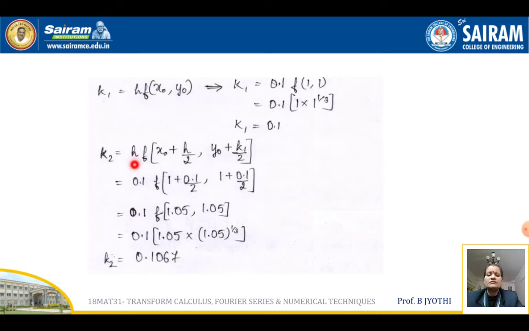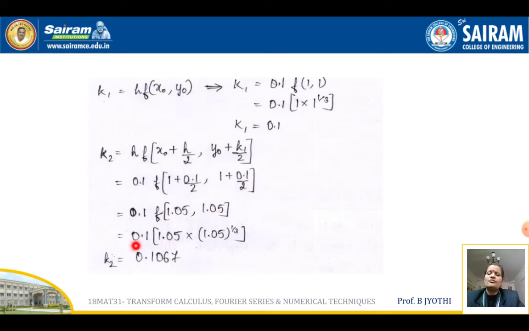Next, let us compute what is k2. So the formula for k2 is h into f of x naught plus h by 2, comma y naught plus k1 by 2. So x naught was 1, h is 0.1 by 2, and y naught is 1 and k1 is 0.1 by 2. That means this is like x and y, so 1.05 and 1.05.